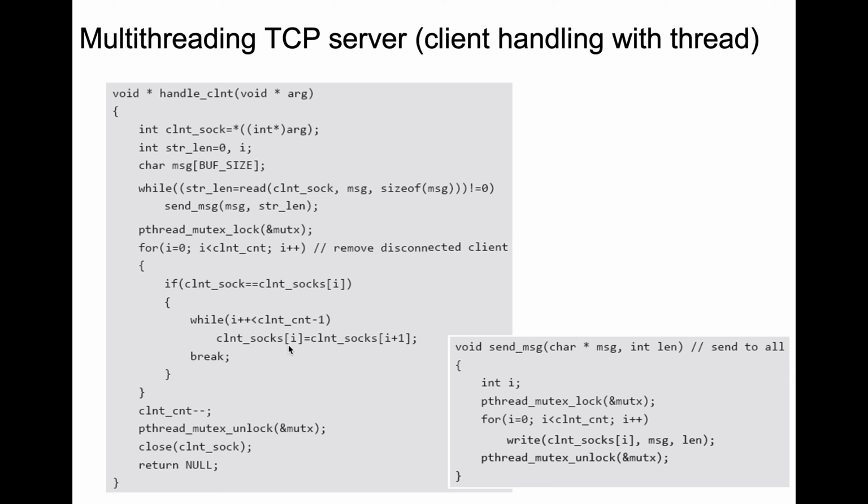We are removing that client by shifting all the client sockets after this client socket into this client socket's address, and that means we are just removing that client socket i, which has disconnected, from the global variable array, and we are decrementing the client count. For example, if it was 20 and one of the clients has disconnected, it will become 19. And we're unlocking that mutex, and we're closing that client socket and returning null.